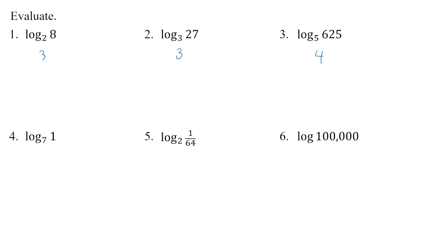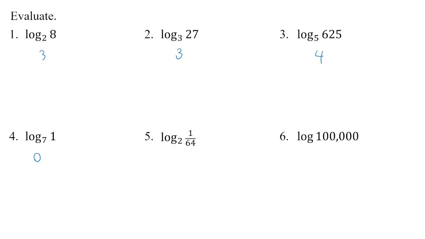Log base 7 of 1. Any number except for 0 raised to the 0th power is 1. Therefore, log base 7 of 1 is 0. Log base 2 of 1 over 64. Now we have a fraction.